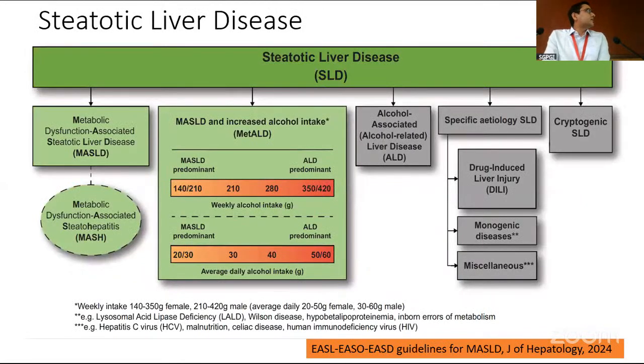The spectrum of steatotic liver disease has also been explained by Sumit sir, which includes MASLD with MASH, MetALD with increased alcohol intake, which could be MASLD predominant or alcoholic liver disease predominant. Then there could be alcoholic liver disease. Then there could be steatotic liver disease because of DILI, monogenic disease, or miscellaneous causes like hepatitis C, malnutrition, celiac disease, etc. Or there could be cryptogenic steatotic liver disease.